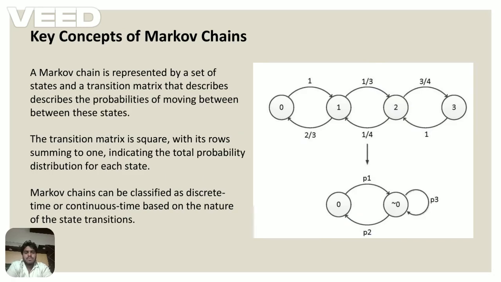Key concepts of Markov chains. A Markov chain is represented by a set of states and a transition matrix that describes the probabilities of moving between these states.